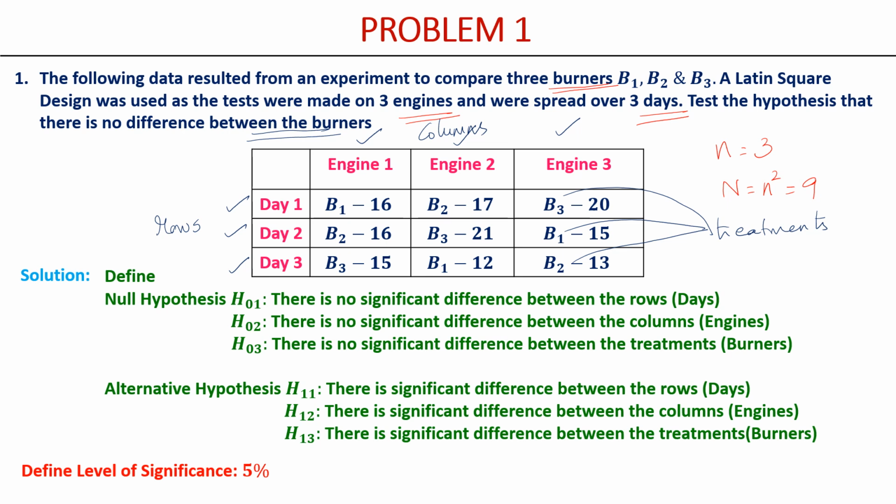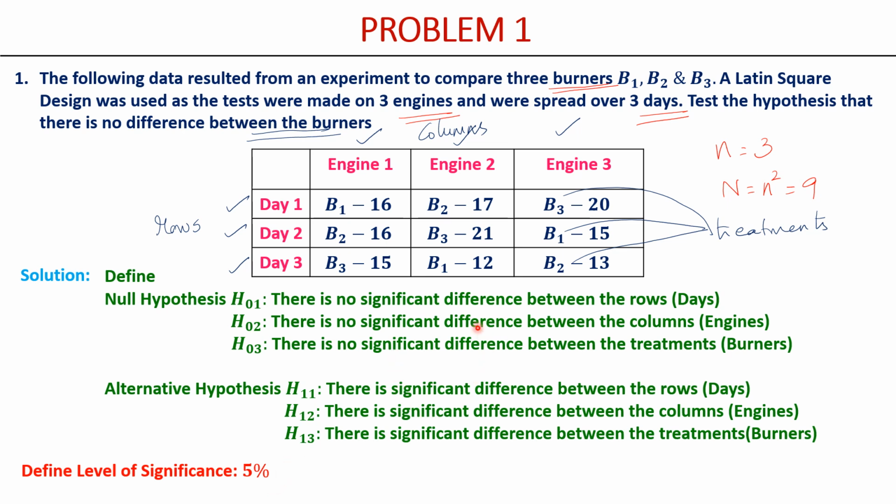So in the normal sense, we write the null hypothesis that there is no significant difference between the rows, columns and treatments. We shall write within brackets pertaining to the problem we are studying: the rows are days, columns are engines, treatments are burners. The alternative hypothesis is that there is a significant difference, and we define the level of significance to be 5%.